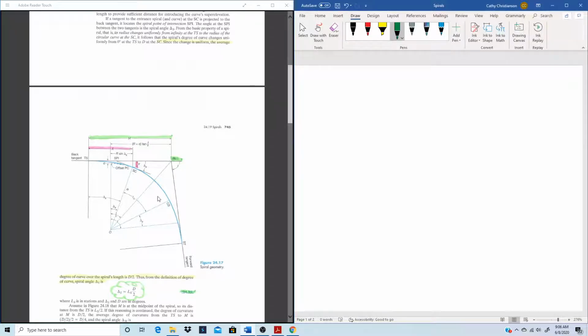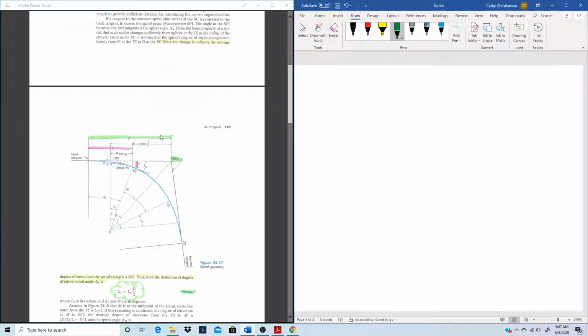Now this is your typical curve like we normally would figure typical curves. And then you go back from a curve to a spiral, and then the spiral to the tangent. So you're coming back out. So you're always going to lead in with the spiral and exit with the spiral. The PI's here.